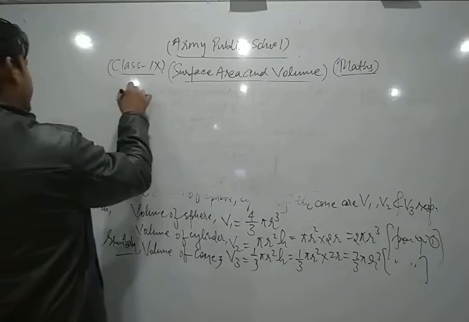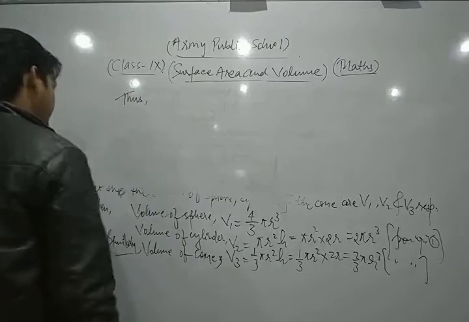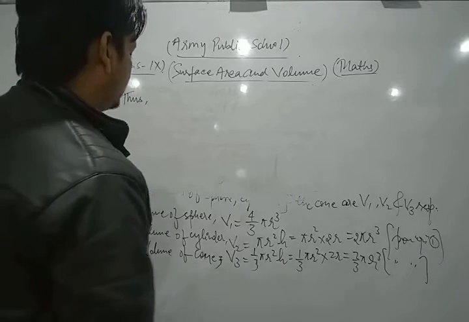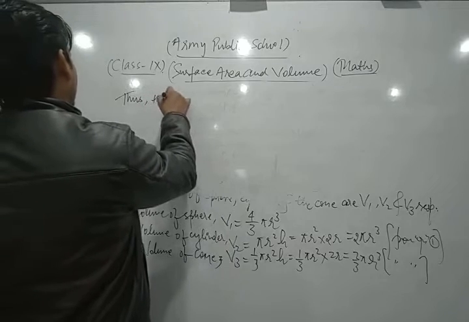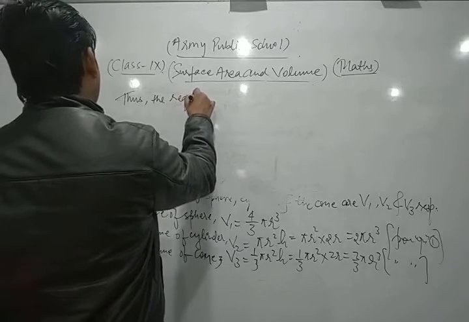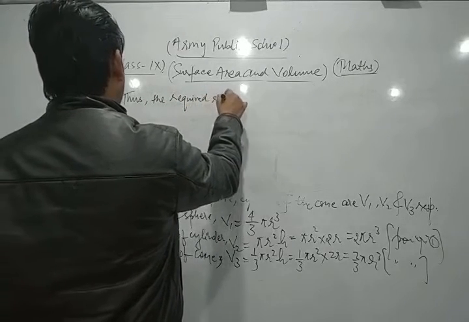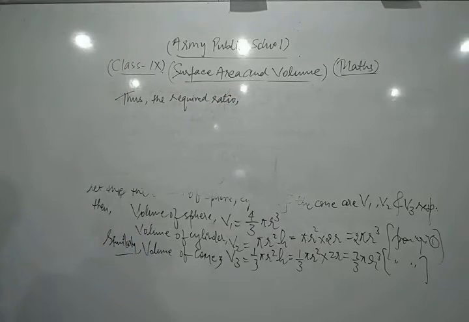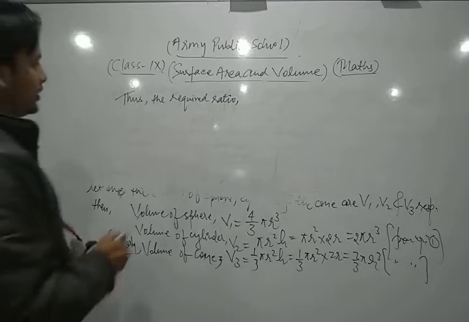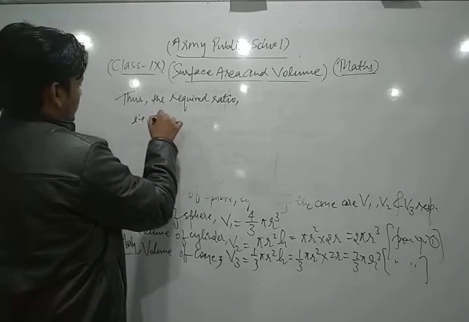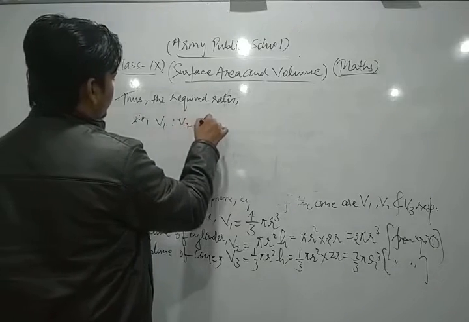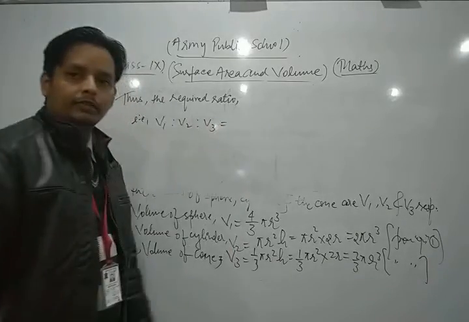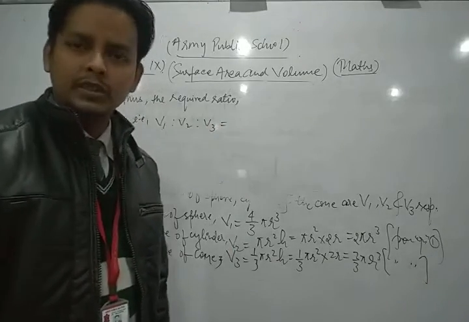thus the required ratio, that is V1 ratio V2 ratio V3 respectively. We find the ratio of their volumes now.